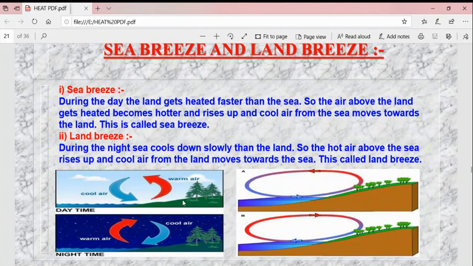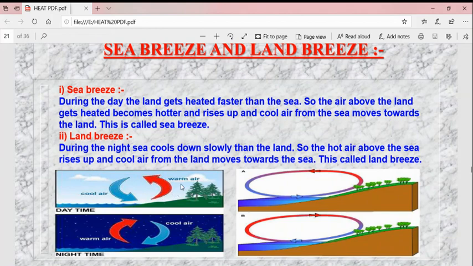Again that cool air becomes hot and moves up, and this process goes on during daytime. So the flow of cool air from the sea towards the land is called sea breeze.